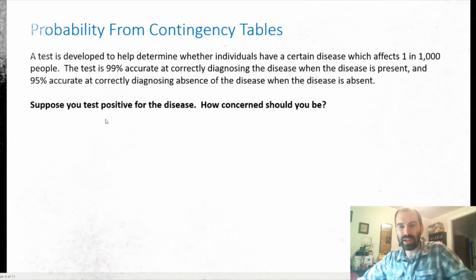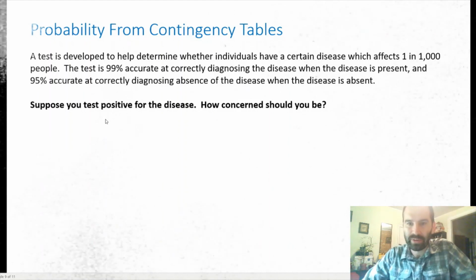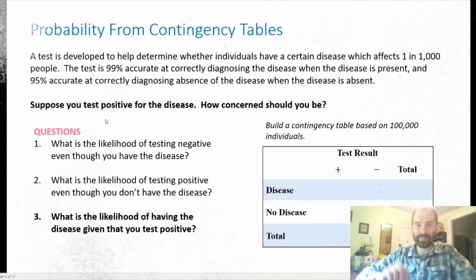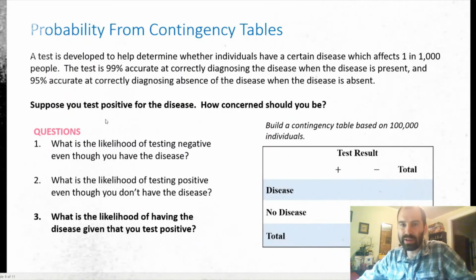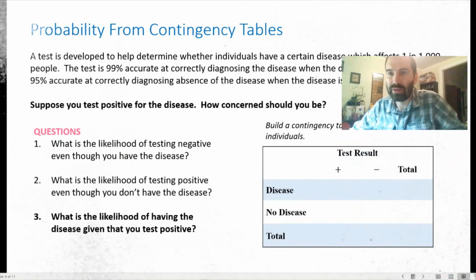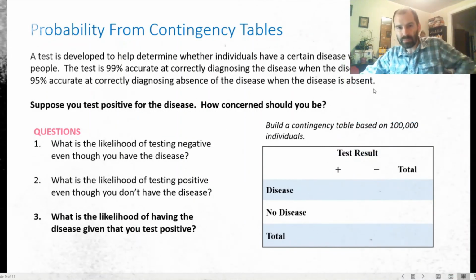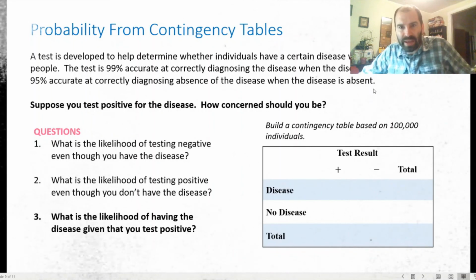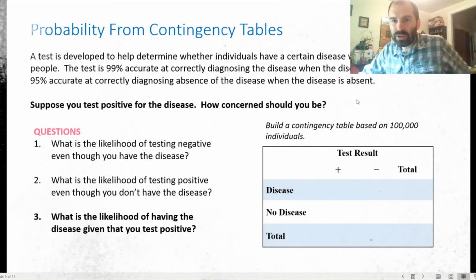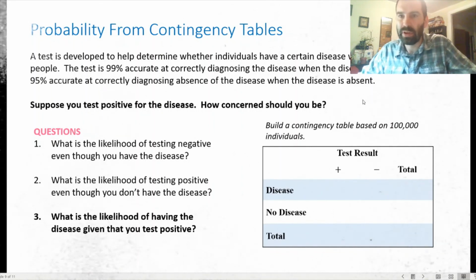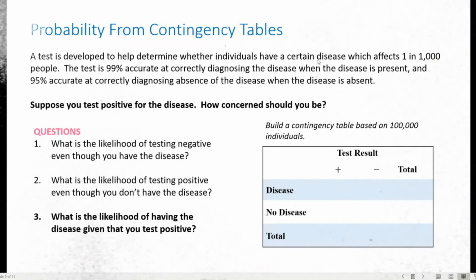Would you be very concerned or only a little bit concerned? Okay, well let's compute this out, all right? So we're going to do that by constructing a contingency table, all right? And so what we're going to do is we're going to base our contingency table on 100,000 individuals, okay? So suppose we have 100,000 individuals, and we have this information, right?